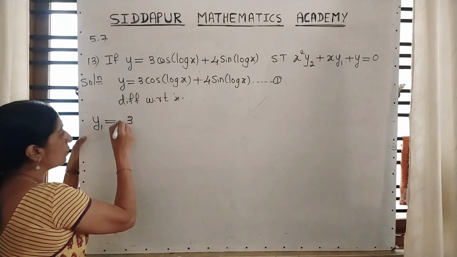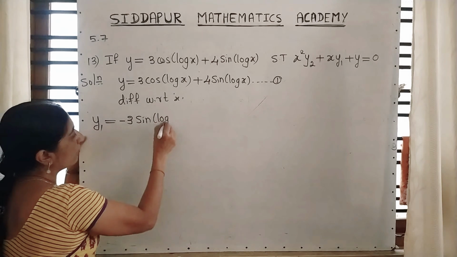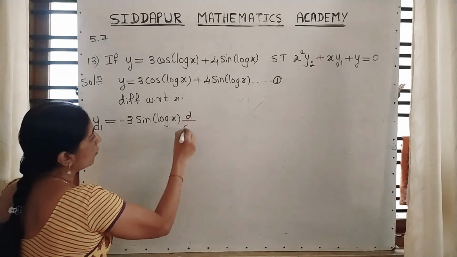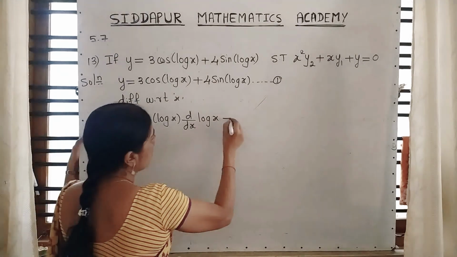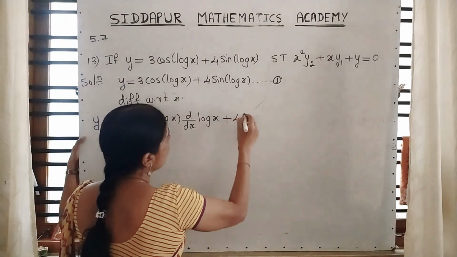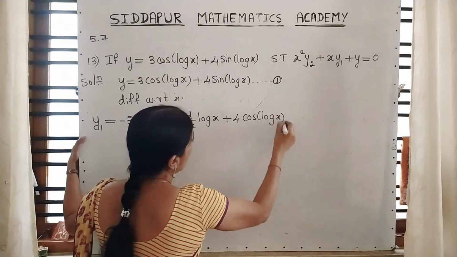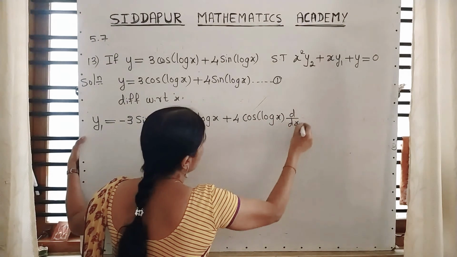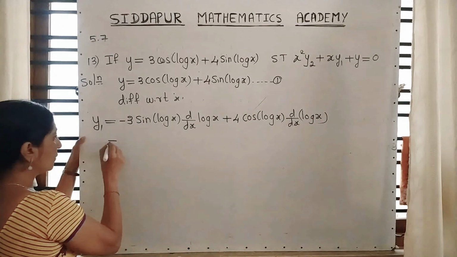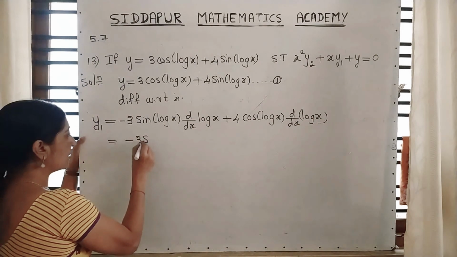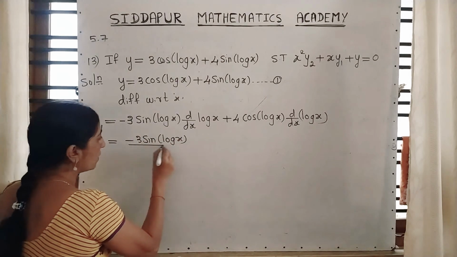Differentiation of cos log x is minus sin log x into differentiation of log x plus 4 as it is. Differentiation of sin log x is cos log x into differentiation of log x.